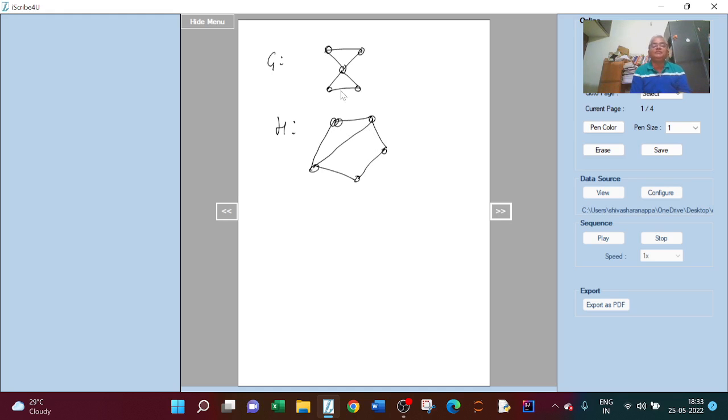So this is one reason. With this reason we can say that G is not isomorphic to H.